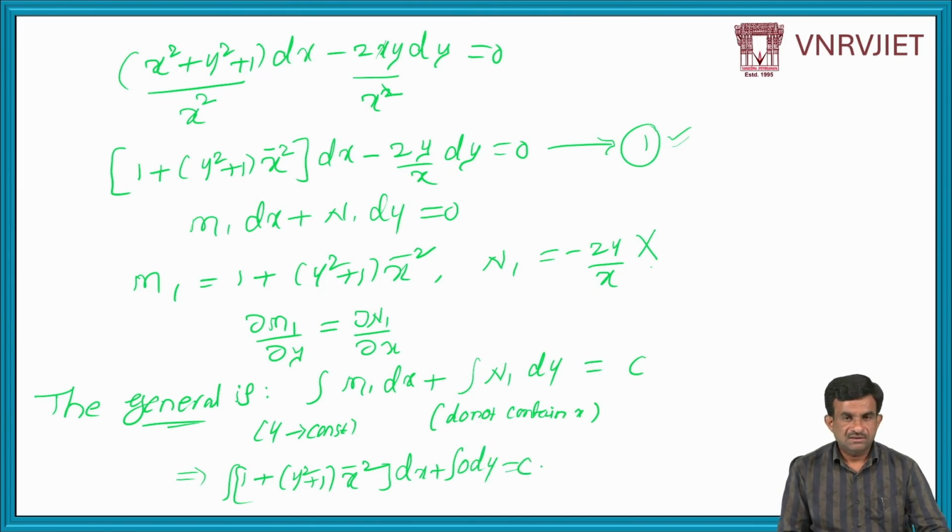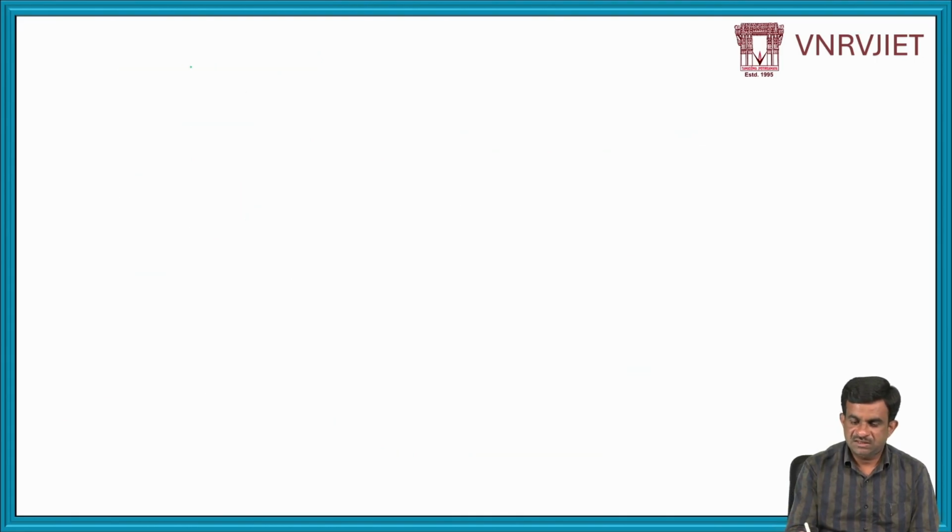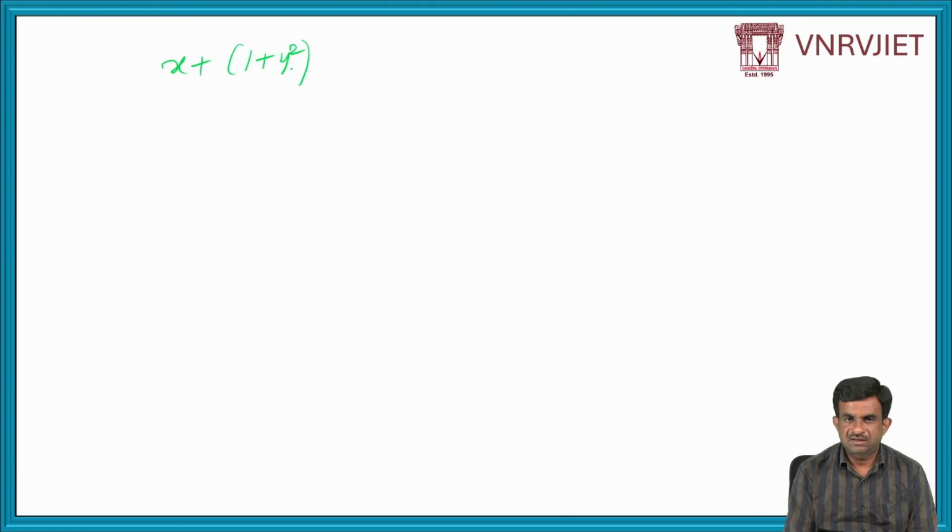Then, coming to the solution: the integration of 1 dx, and y square plus 1 is a constant, and the integration of x power minus 2 dx we have to do here. So the integration of 1 dx is x, and 1 plus y square is anyway constant, since in this integral we treat y terms as constant.